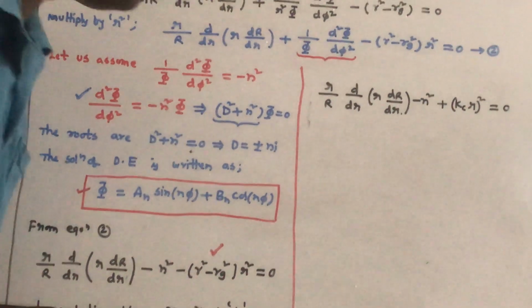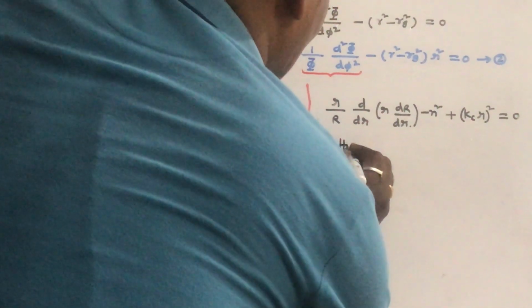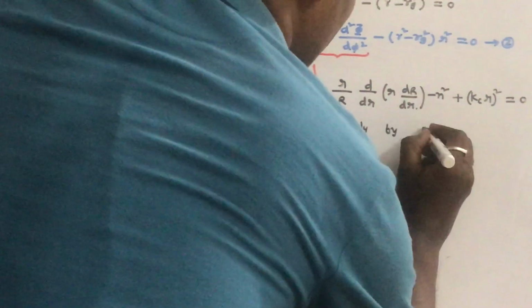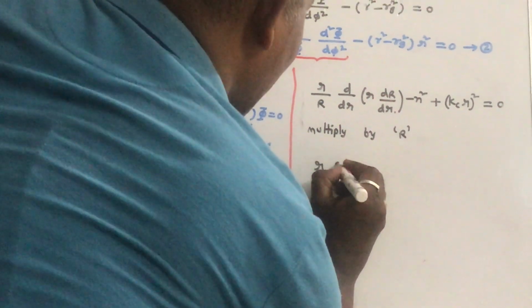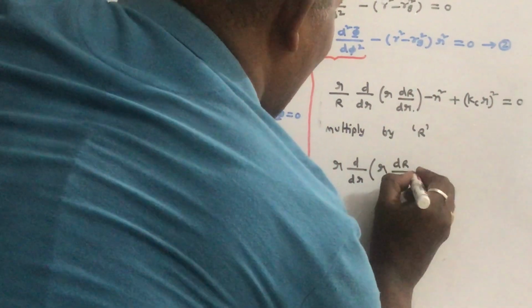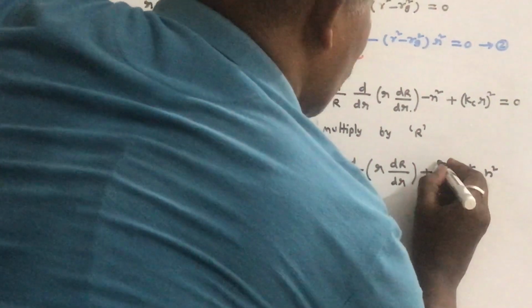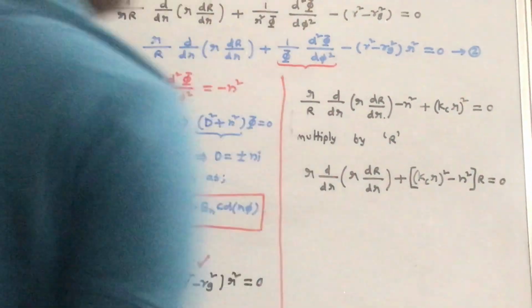Now multiply this equation by capital R. This equation is finally written as r into d by dr of r into dR by dr, plus, we write this in one bracket, kc into r whole square minus n square, into capital R is equal to 0.